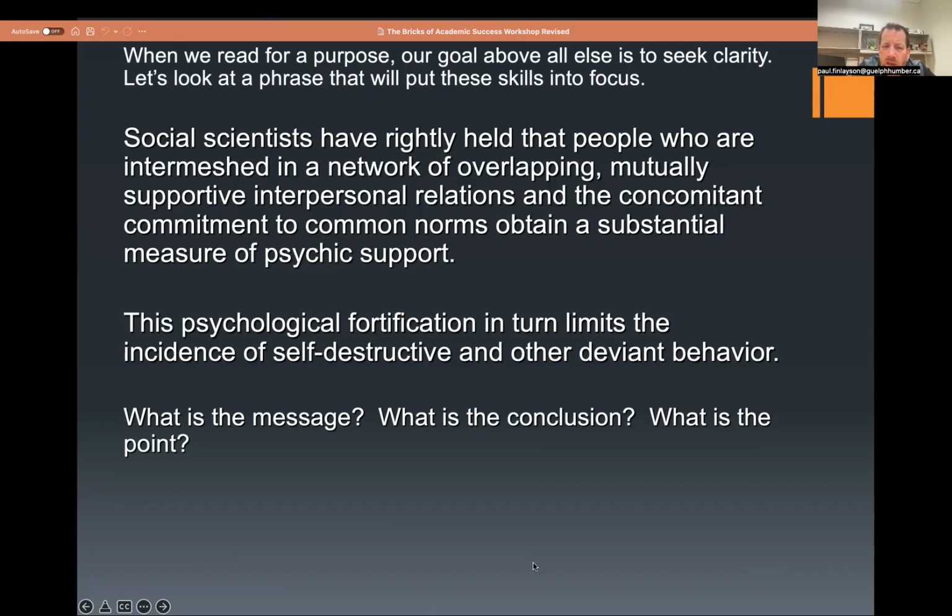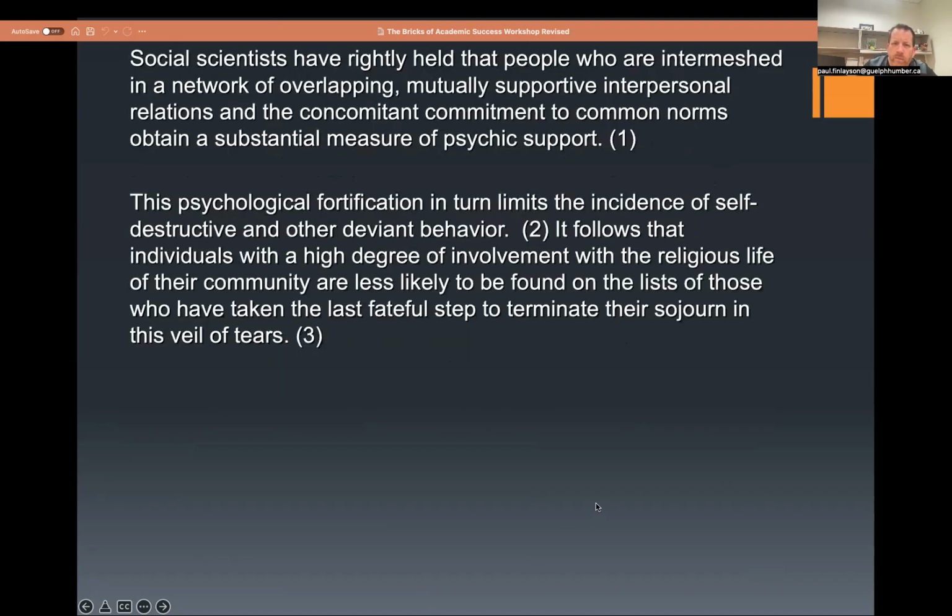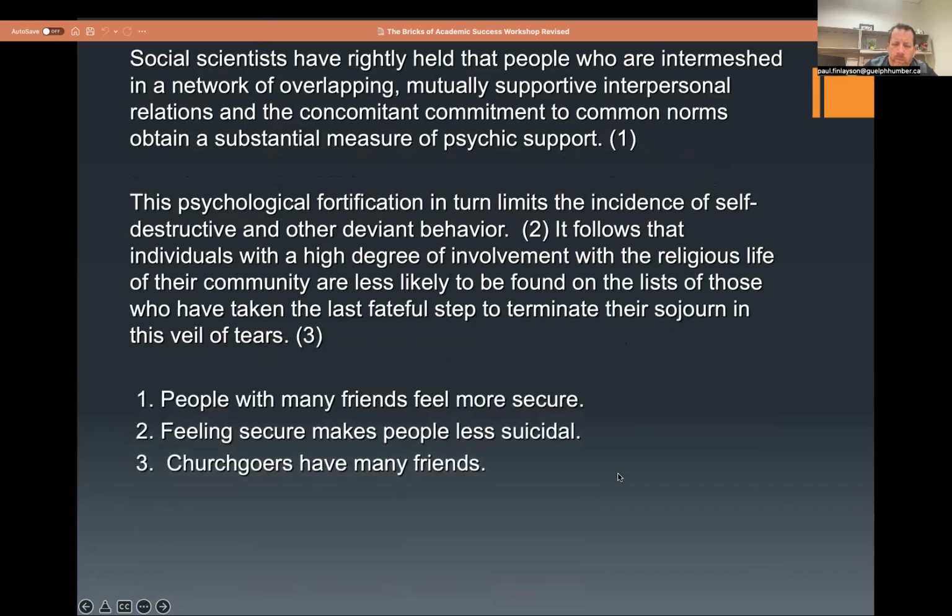Okay, what does that say? So this stops people from doing self-destructive or antisocial things.